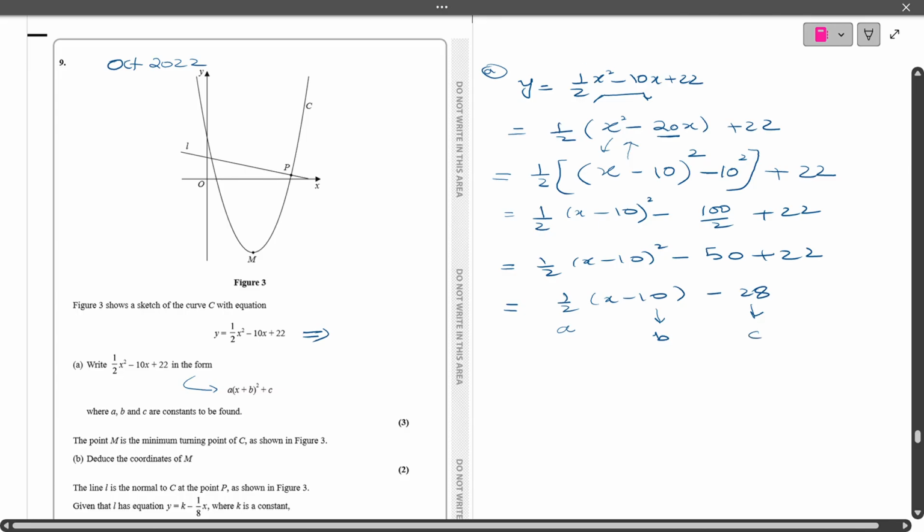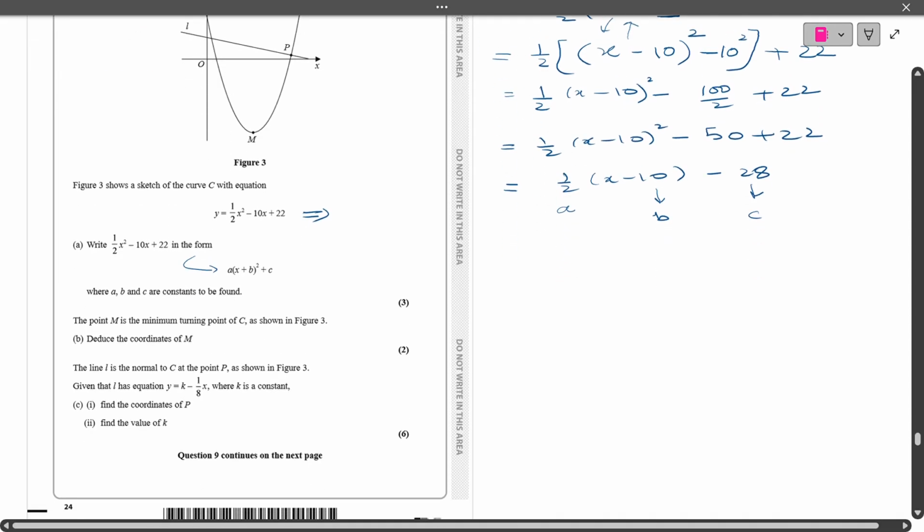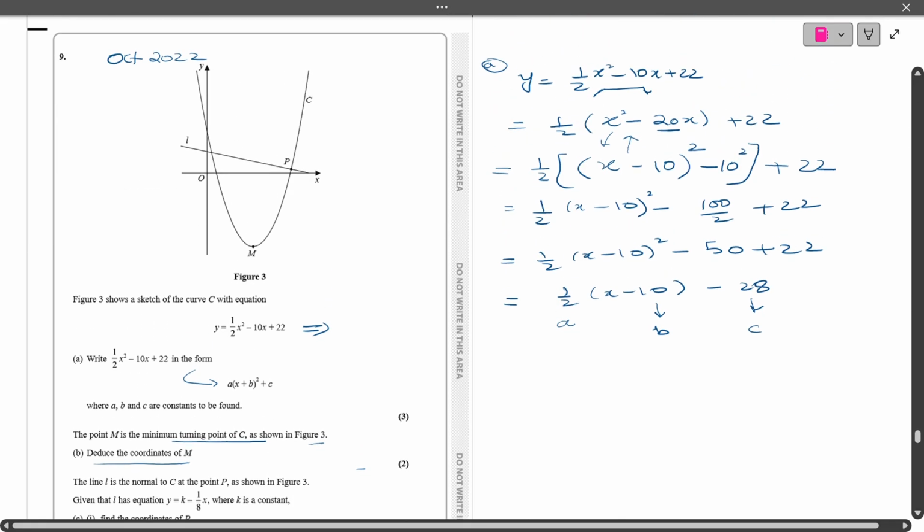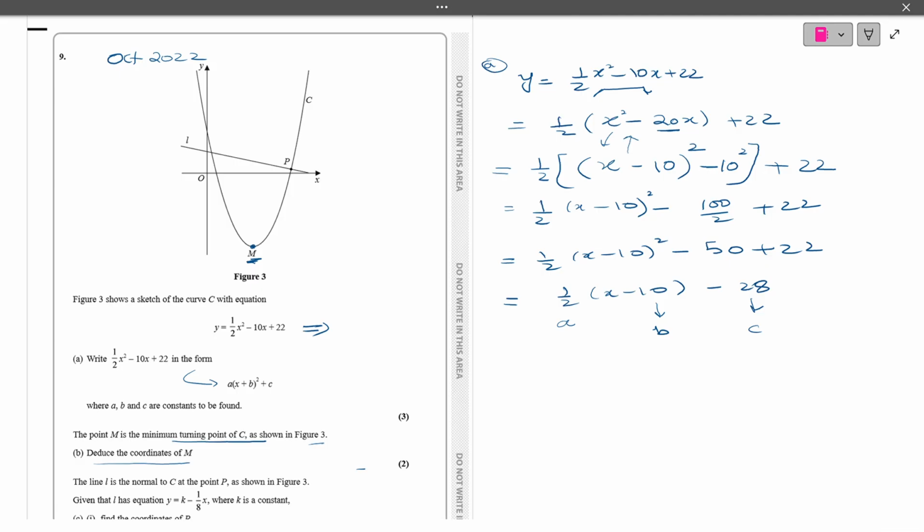Now let's move on to the B part. The B part of this question is: the point M is the minimum turning point of C, shown in figure 3. Deduce the coordinates of M. The minimum turning point, so M is here, and any minimum or maximum turning point we can get from completing the square.